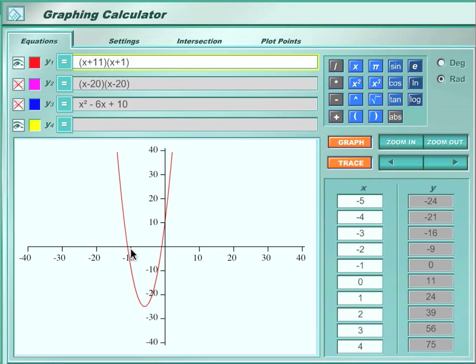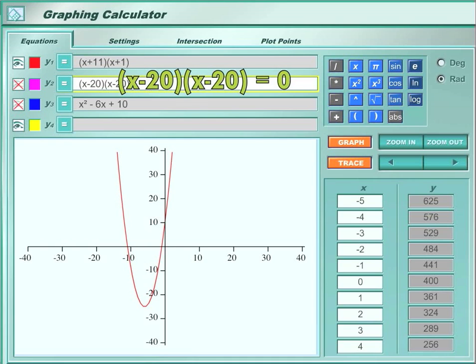So this is something that we're moving towards. We've been dealing just with equations and not their graphs, but I wanted to show you how this all ties together. Here is another one, and I think you could tell me that the 2 solutions here are 20 and 20. And so you might wonder, how is that going to graph? It's not going to have 2 x-intercepts, it's just going to have 1. What will that look like? It's going to be a parabola.